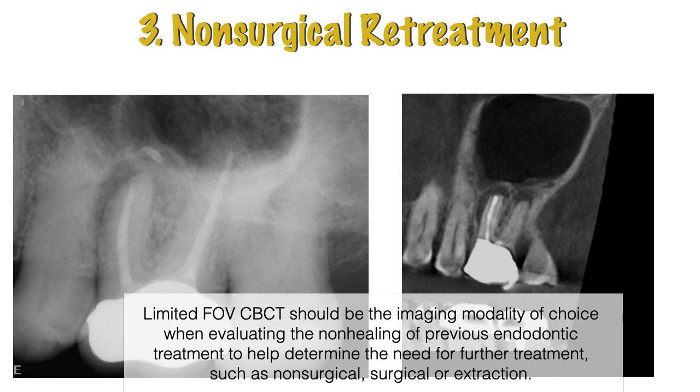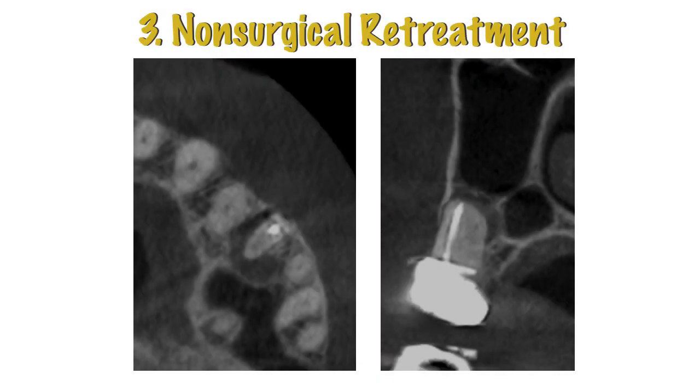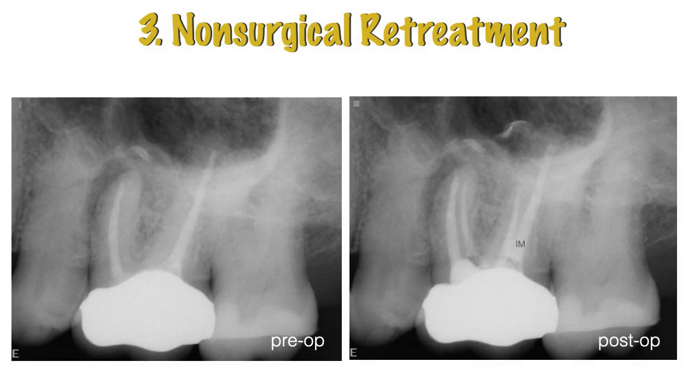So this is showing more of the J shape that makes us suspicious, but very rarely will we see fractures on CBCT scans.